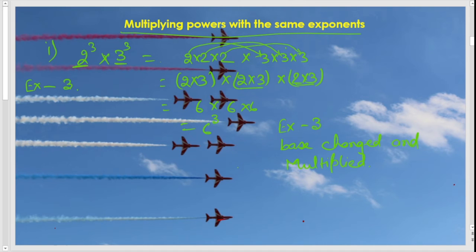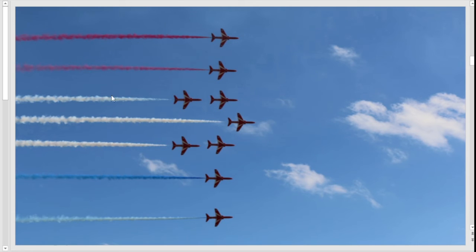We can take another example to understand this topic. That is 4 to the power 4 into 3 to the power 4. Here we can write it like 4 into 4 into 4 into 4. Now 3 into 3 into 3 into 3, 4 times. So we can make pair of this and multiply it individually.